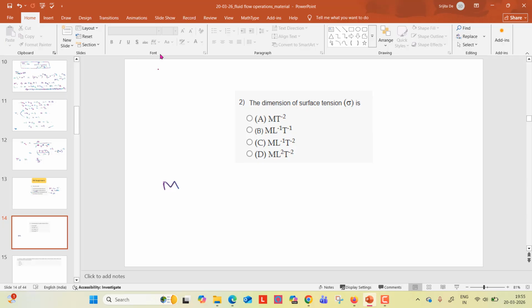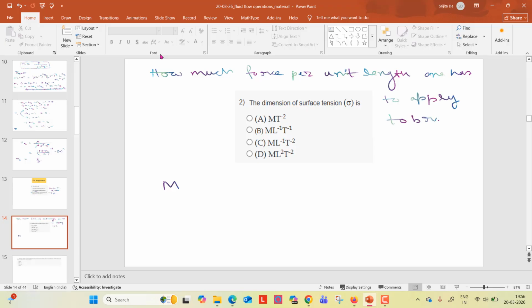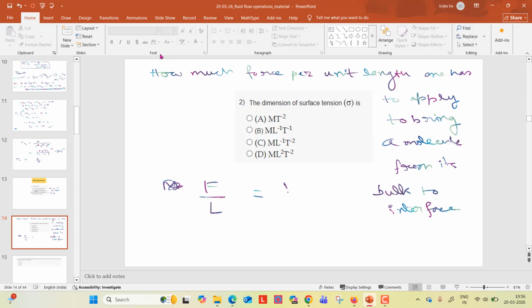So it is force per unit length, F by L. So force is M L T to the power minus 2, mass into acceleration, and L is length. So it is M T to the power minus 2.